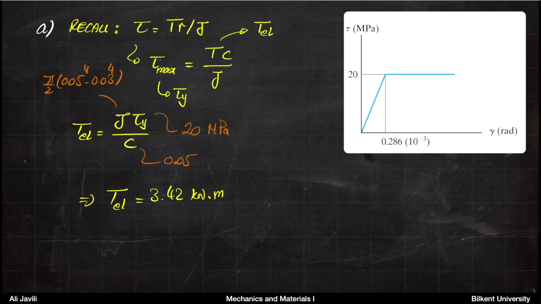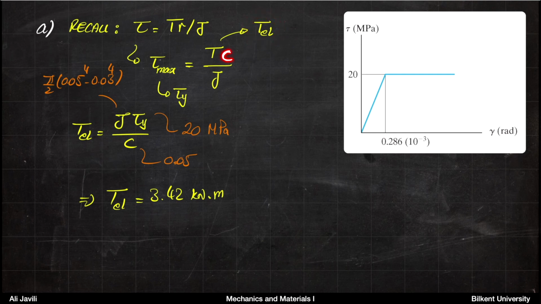So the first thing we want to do in part A is to calculate the elastic torque, T elastic. And for that, we have two ways of calculating that. The first way is what we had done in the previous lectures. So recall the relation tau equals TR over J. Now in this case, if we want to calculate the maximum elastic torque, that means the T in the relation would be the elastic torque, T elastic.